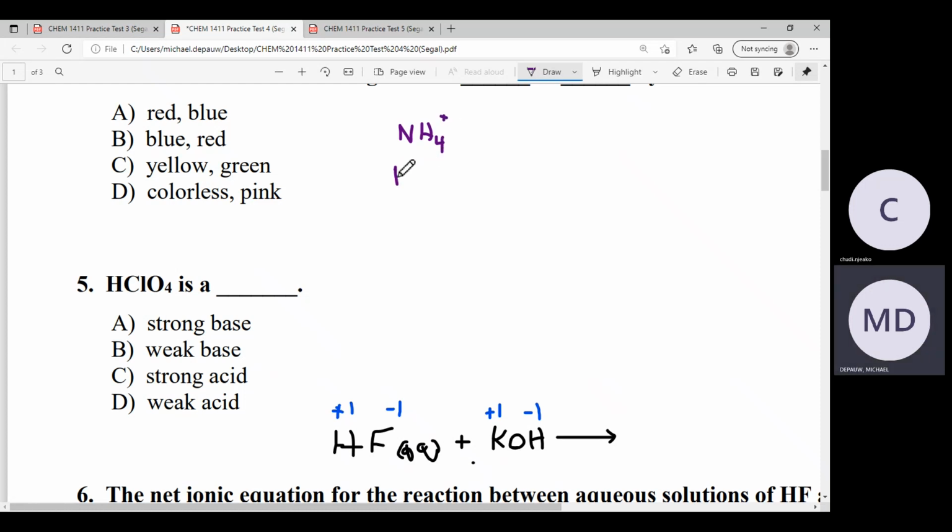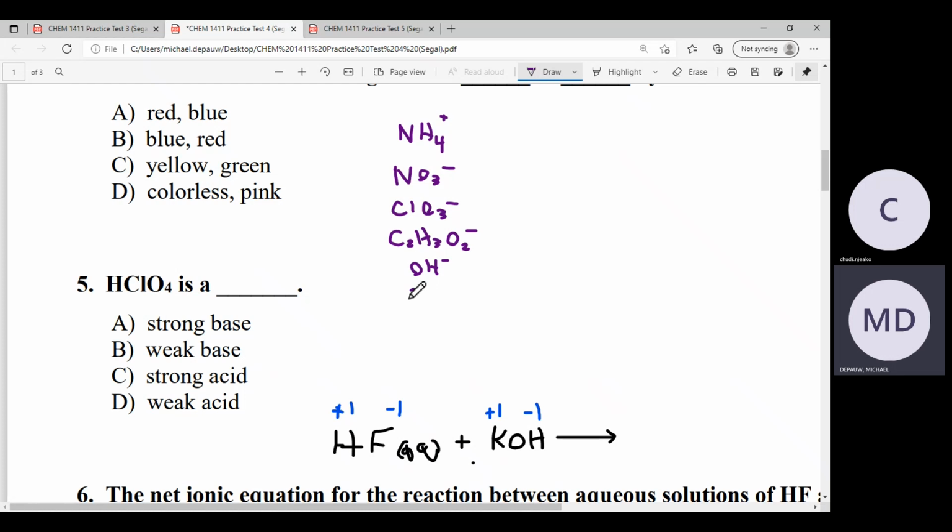They would be NO3 minus, nitrate, ClO3 minus, which is chlorate, C2H3O2 with a 1- charge, and that is acetate. And then, of course, OH minus, which is hydroxide, the one that we have down here.